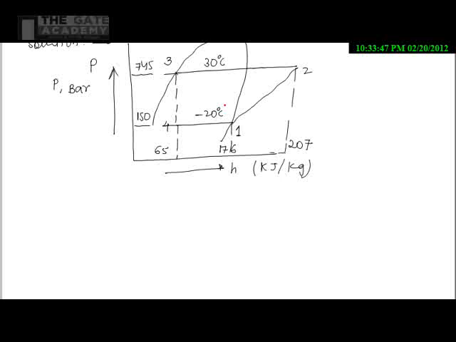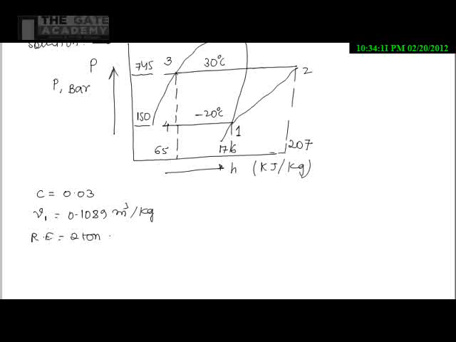In that problem, the clearance volume ratio, that is C, is given as 0.03. The specific volume at suction, that is V1, is given as 0.1089 meter cube per kg, and the refrigerating effect is 2 ton.